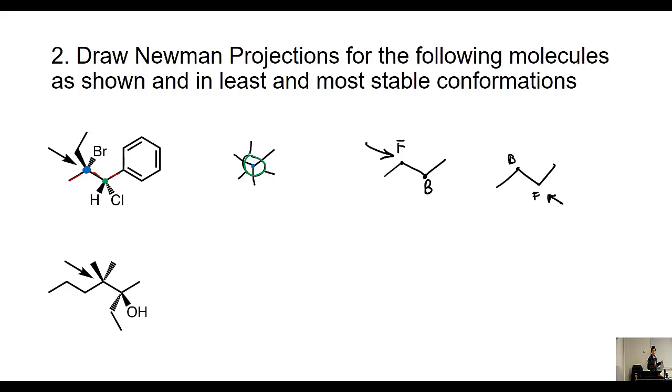Okay? So, when I do a generic Newman projection, what I always want to do is make this line the plane. That way I can just look at my molecule like this, and I know inside of the page, out of the page.